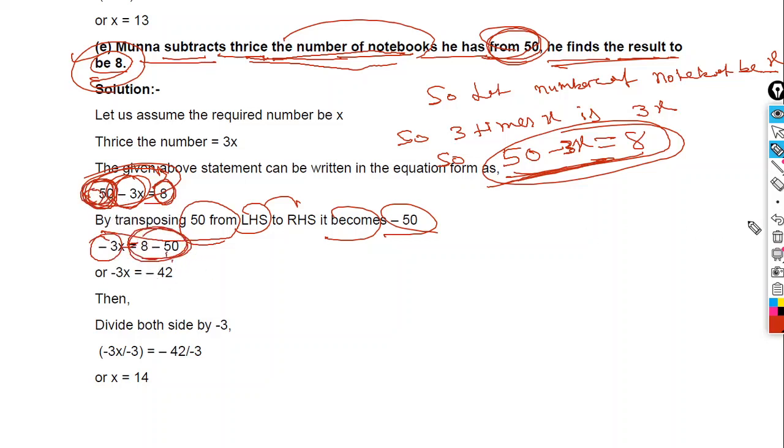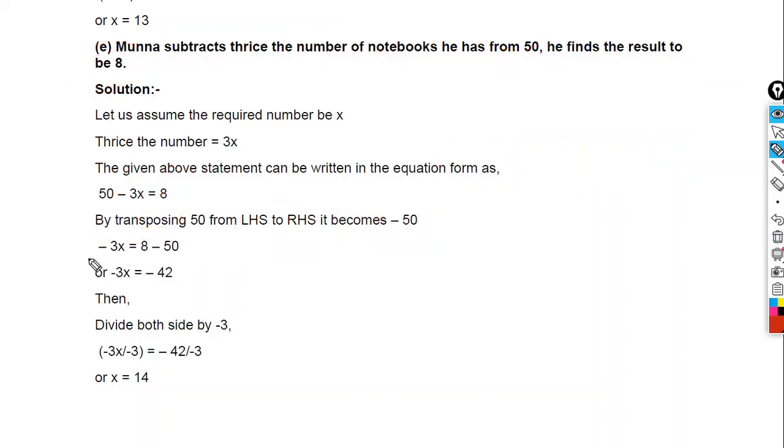Minus 3x equals 8 minus 50. 8 minus 50 is equal to minus 42. So minus 3x equals minus 42.